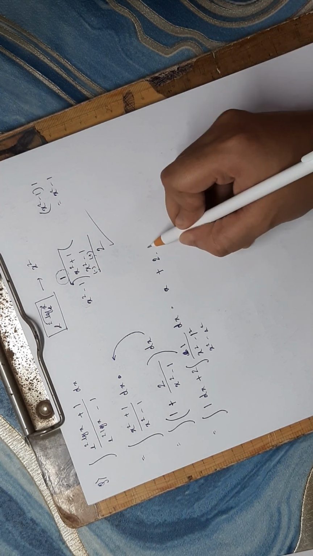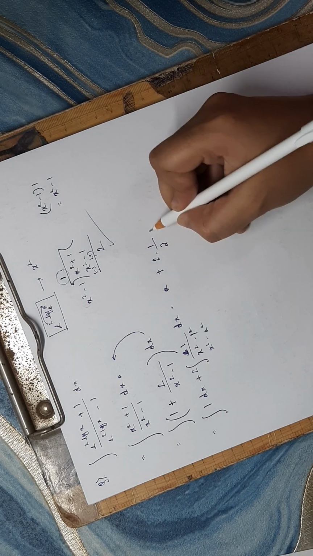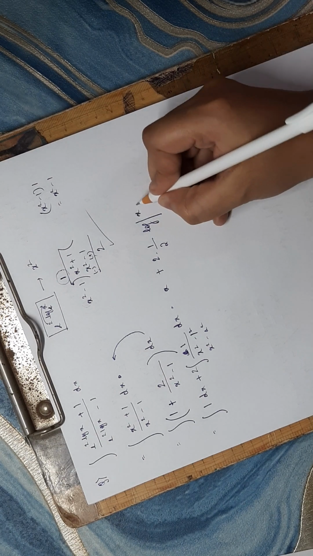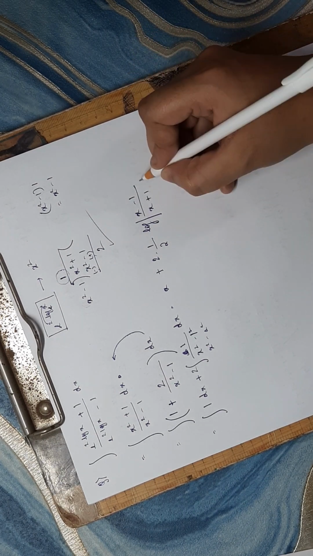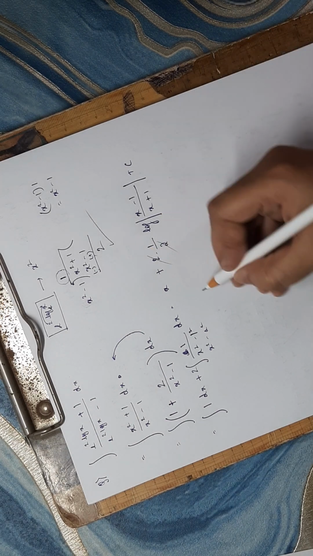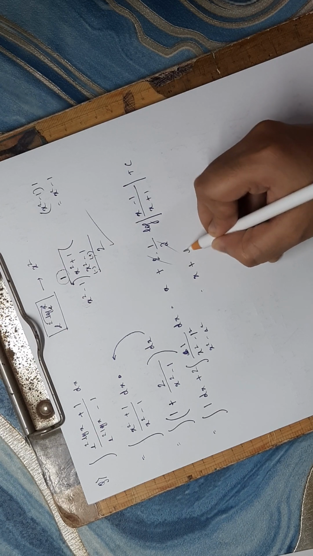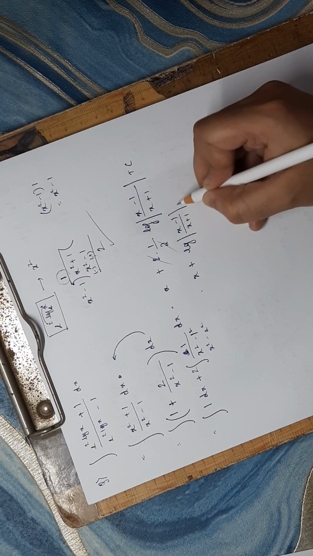So the formula was 1 by 2a, where a is 1 here, log of mod x minus a, which is 1 here actually, divided by x plus a, which is again 1 here, plus c. So this is actually our final answer, but these two things will get cancelled ultimately, which will give us x plus log of mod x minus 1 divided by x plus 1 plus c.